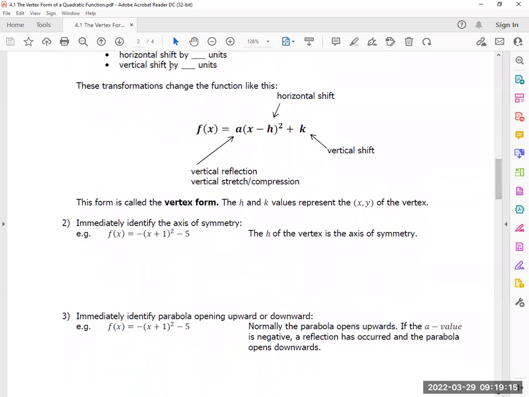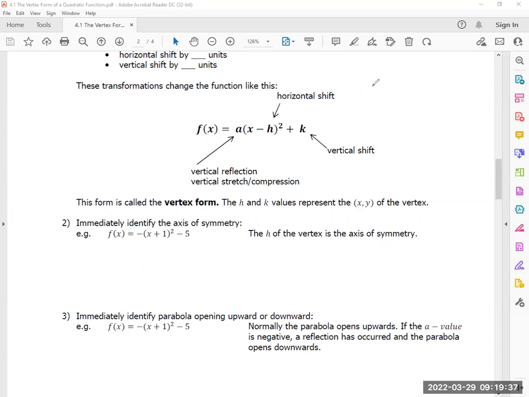How about I do an example? So as an example, my example every single time is going to be negative (x plus 1) squared minus 5. If I know that this is going to be my equation, should I write this more clearly? I'll write it more clearly.